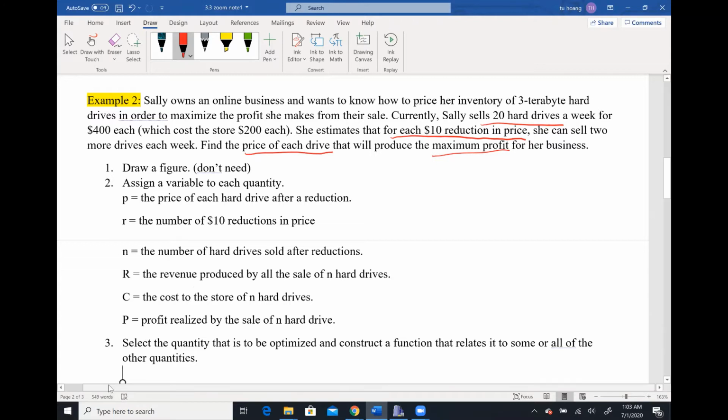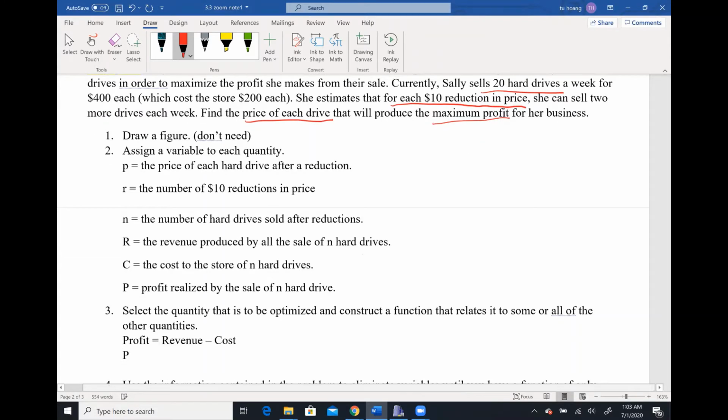So I need a function of profit. The profit equals the revenue minus the cost, so I can write P = R - C.